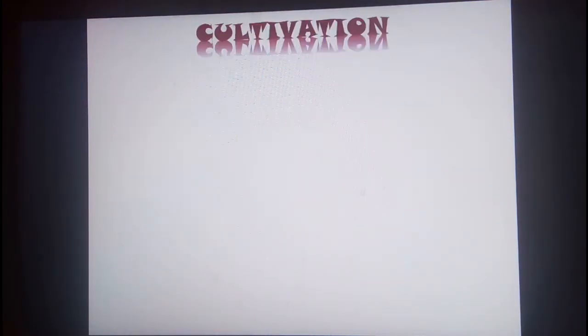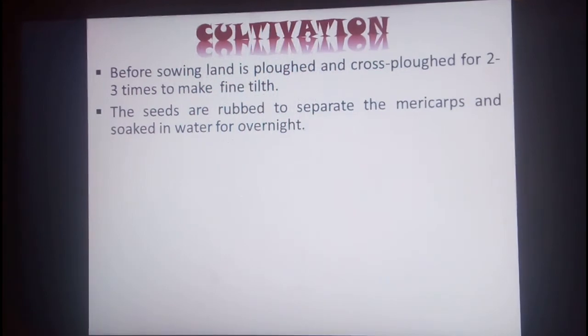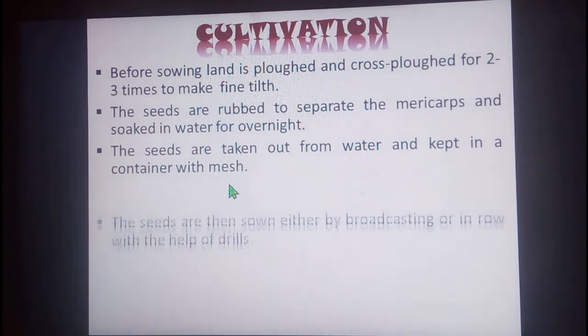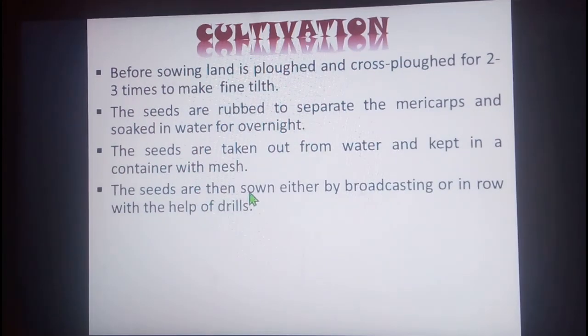Those need to be rubbed to separate the mericarps, and they are soaked in water overnight. The seeds are then taken out from water and kept in a container with mesh so that the roots will come out from the mesh, and the seeds are then sown either by broadcasting or in rows with the help of drills.